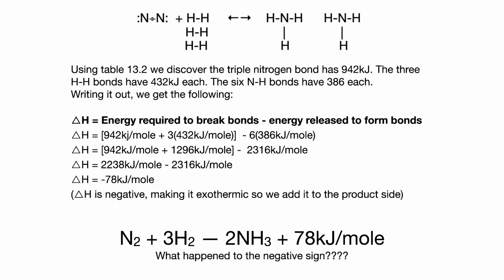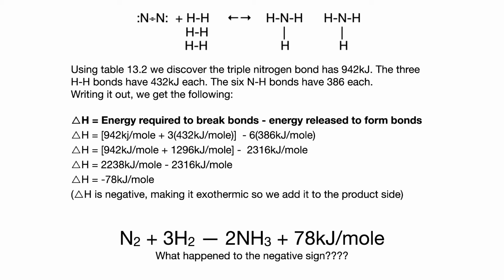All right, so here we go again. This is what I just showed you. We went through the values. For nitrogen, we said it was 942. Hydrogen, there were 3 of them at 432. Those are the reactants. And then the products, we have 6 of the NH bonds, so subtracting 6 times 386. We do the math here.